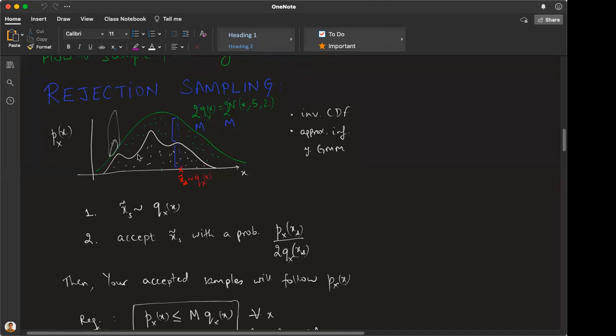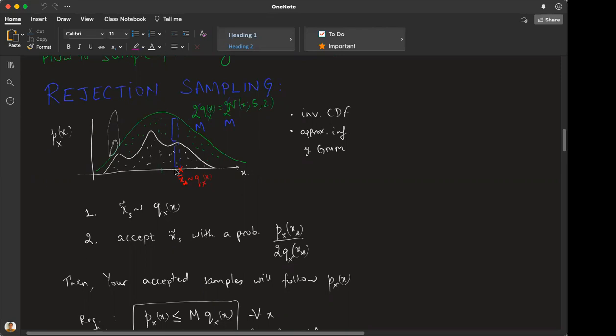I'm sorry, I think I switched the things. So p(x) is unknown. p(x) is a non-standard distribution, whereas q(x) is a known distribution.